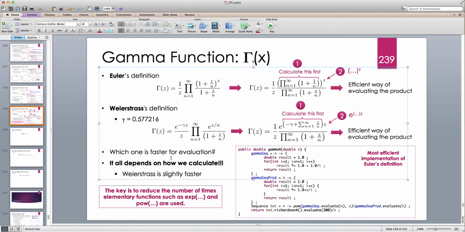And between the four elementary operations, addition, subtraction, multiplication, and division, I think it's obvious that addition is the fastest, then subtraction, and then multiplication. And the slowest one is always division, right? For a CPU to divide two numbers, it has to work more than multiplying two numbers or adding two numbers. So you want to keep the divisions to a minimum and have more multiplication or addition, right?